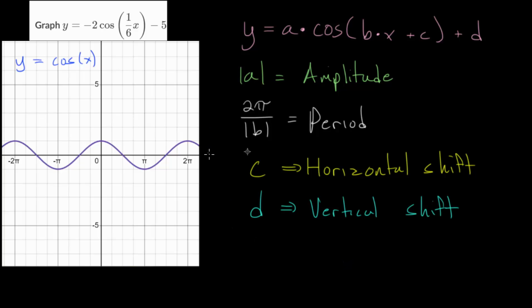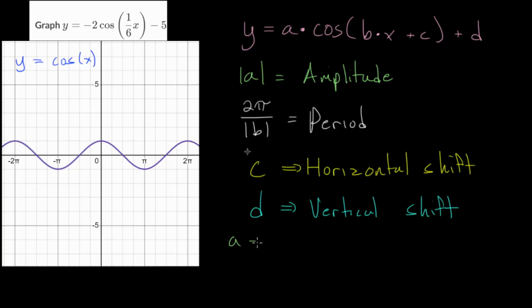It will essentially shift the midline either up or down, depending if D is positive or negative. It will cause a vertical shift. And we essentially just need to look at our given equation and then figure out what A, B, C, and D are actually equal to. So let's find those values.